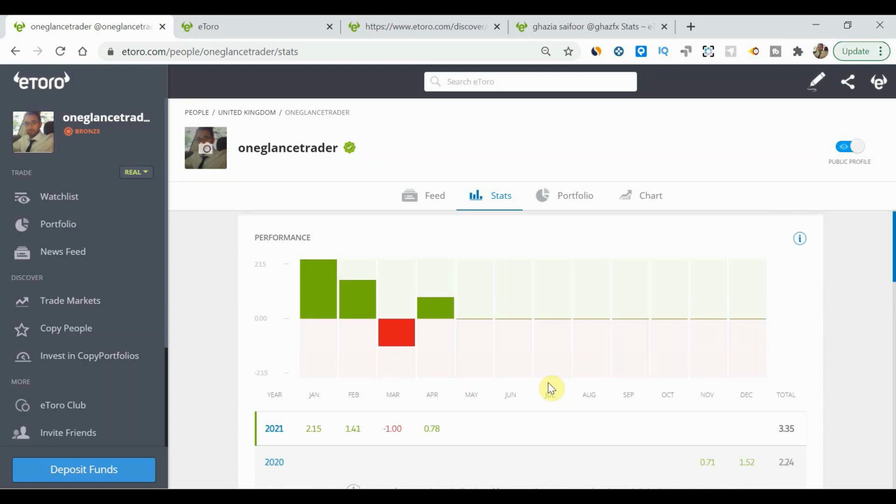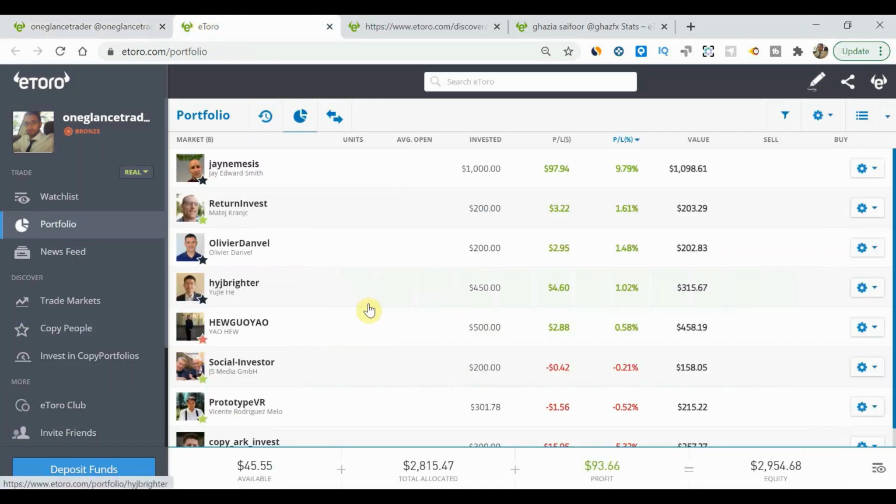So I'm still relatively comfortable that I am still a profitable copy trader currently on the eToro platform. If we have a look now at my portfolio, you can see here total dollar value is $93.66. It is slightly higher than that because I've been paid.